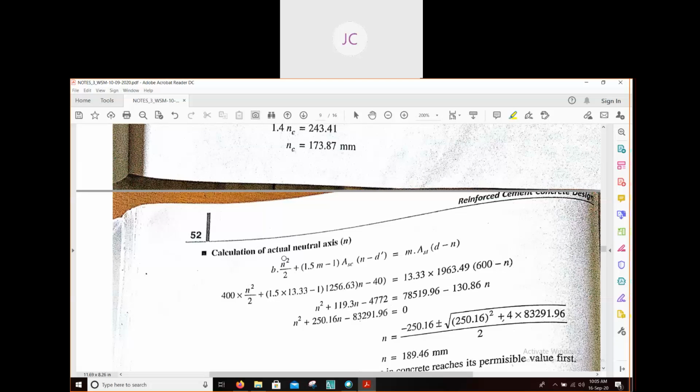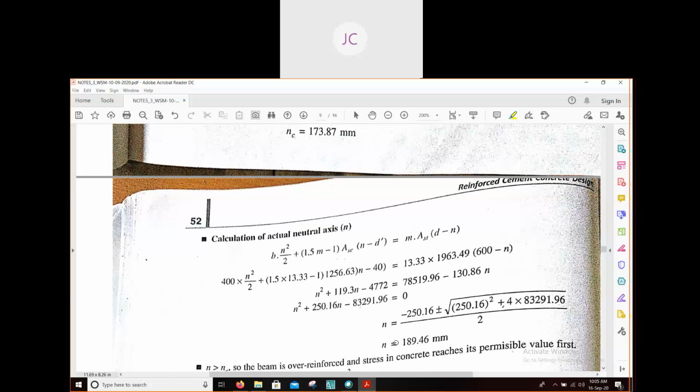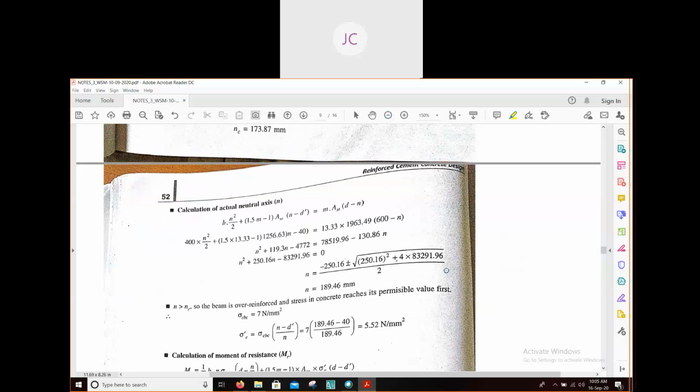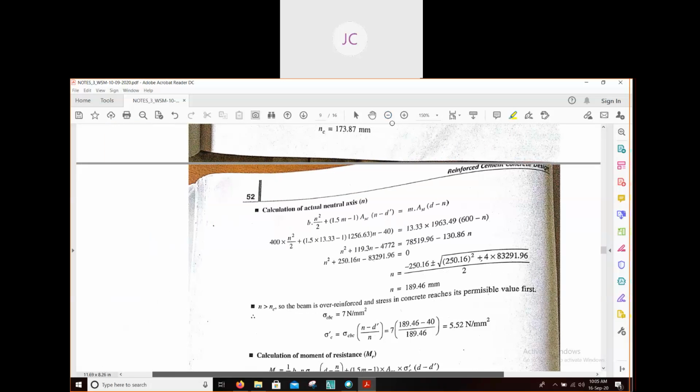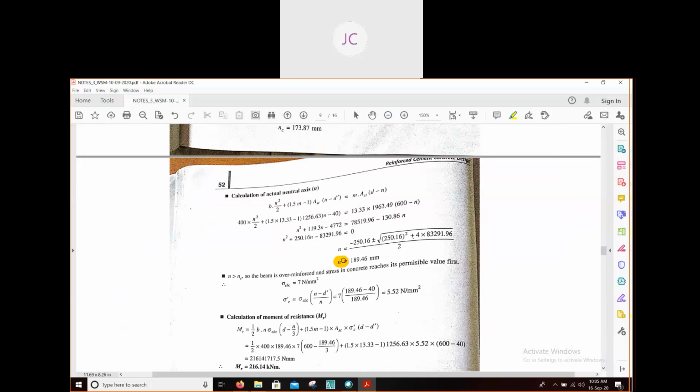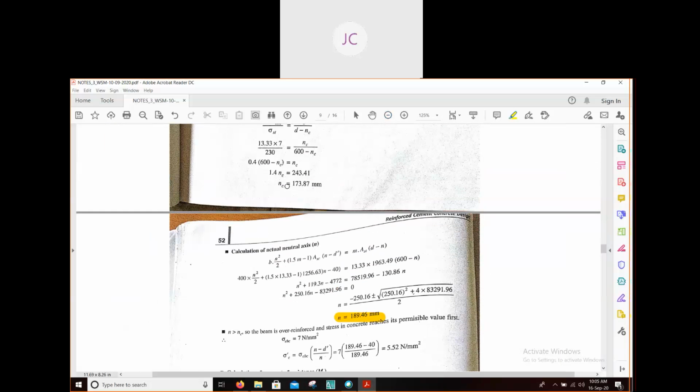Almost all values are given except n. m is known, Asc is known, d dash is given. Only n we have to find out, and we can find it using a calculator. So we have got the n value: the depth of the actual neutral axis is 189.46 and the critical neutral axis is 173.